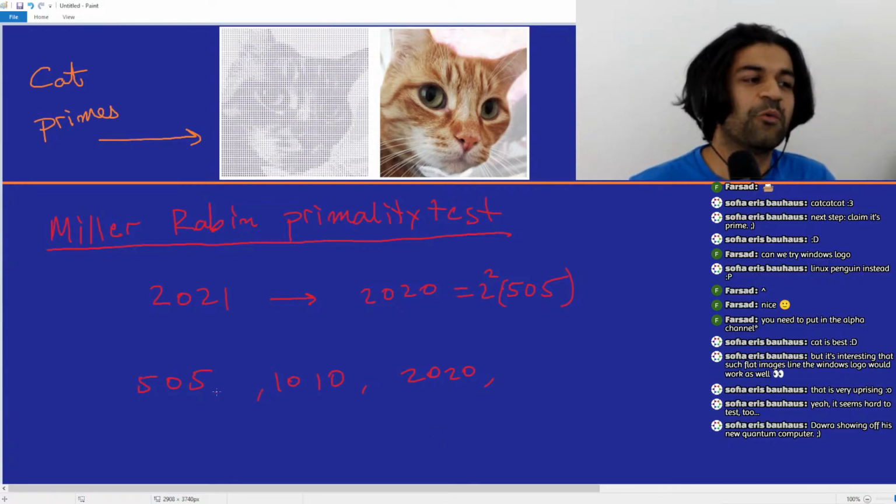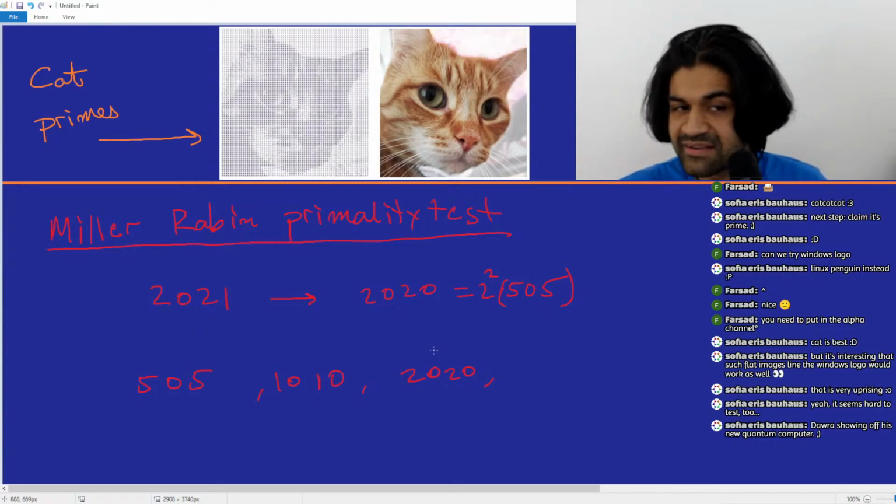Okay. Now here's what we're going to do. We are going to think about what happens when you raise a number to these numbers mod 2021.